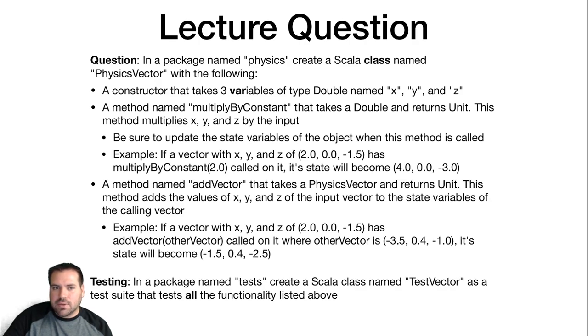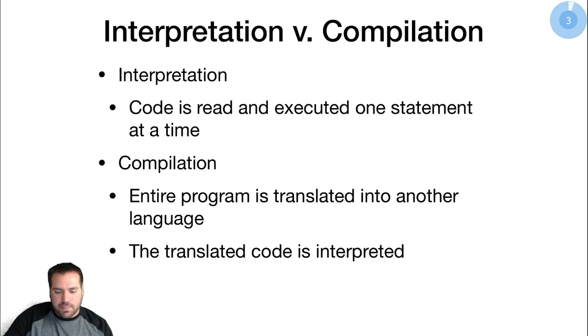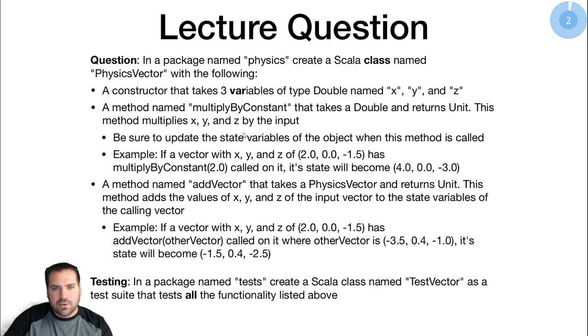So when you're inside a method call, the keyword this is going to allow you to access the state variables of the object from which that method was called. Somewhere in your tests, you're going to create a vector, and you're going to say vector that I created dot multiply by constant.